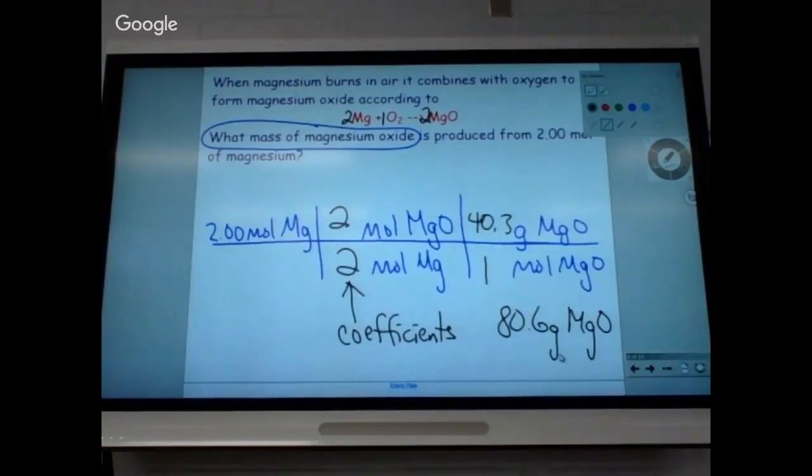It looks right. The number that you got looks wrong. Touch that again. Yeah, that looks right.